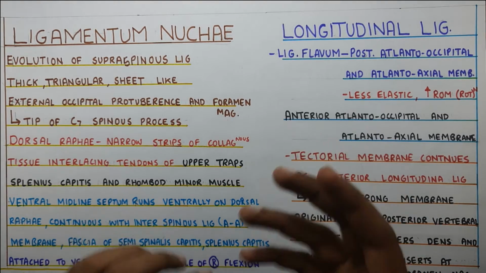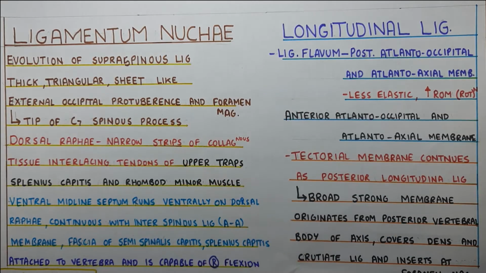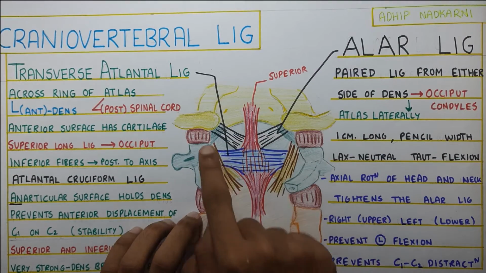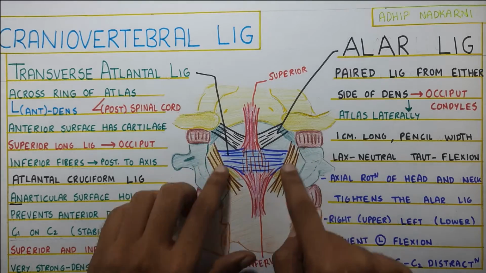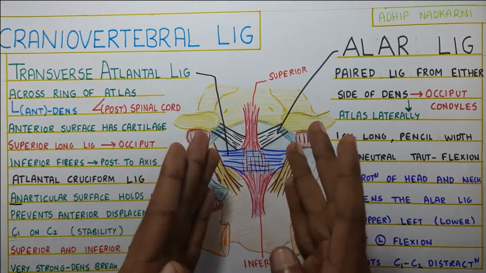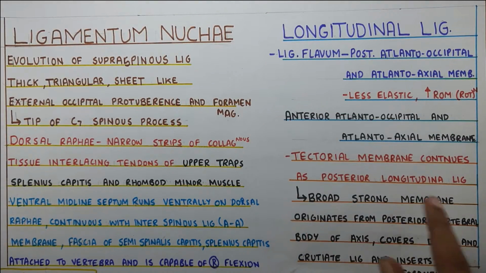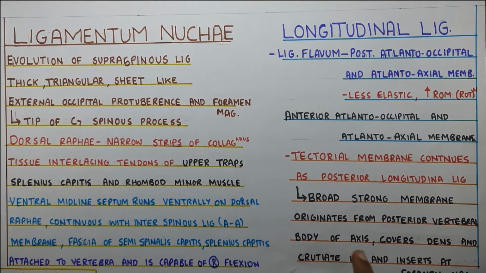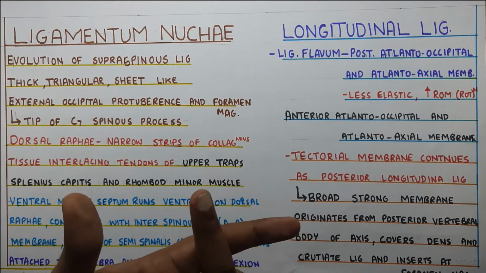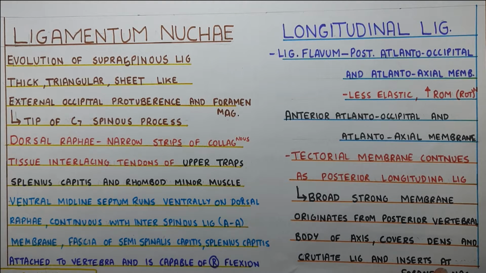I had just mentioned in the previous slide that these were the deep parts of the tectorial membrane, so they are in close relation with all these structures. Again we are talking about the same thing. They originate from the posterior vertebral body of the axis, cover the dens and the atlantal cruciate ligaments that we just talked about, and insert into the foramen magnum. So these are the longitudinal ligaments.